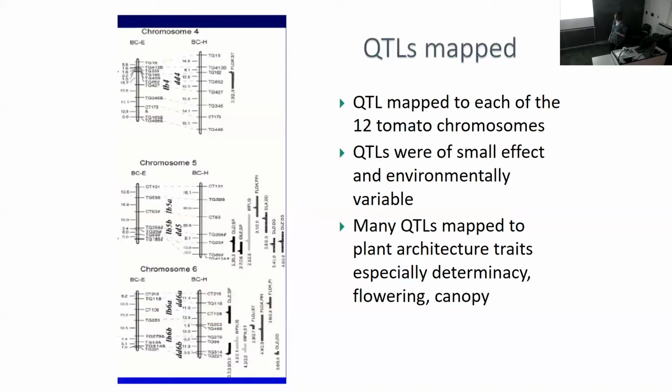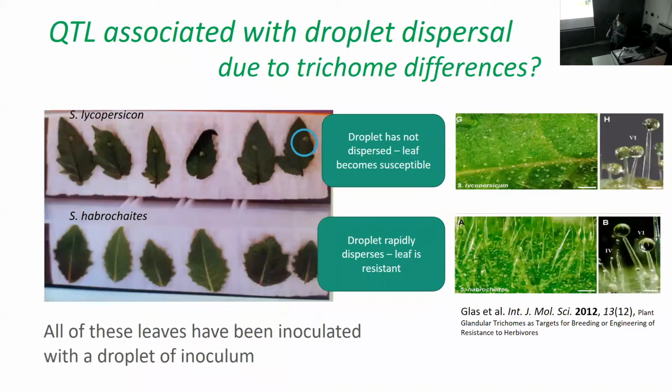But this was one of the QTLs that I was particularly excited about, and I really wanted to see where this QTL went. It's a QTL for dispersal. So this is the cultivated parent, and you can just see the little droplet. I don't know whether you can see that on the leaf after inoculation. This is also after inoculation, and the droplet just disappears.